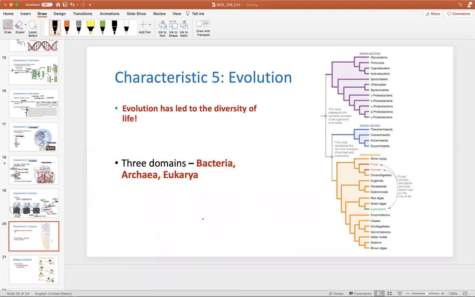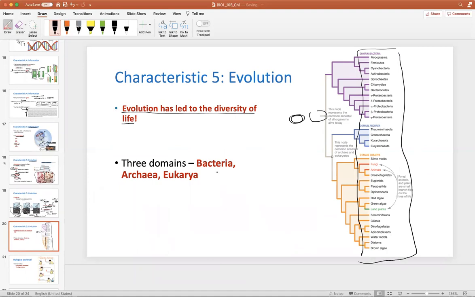The last thing I want to mention about trait number 5 is that evolution has led to the diversity of life. I mentioned that a little bit earlier when I talked about the fact that we had one prototypical cell that divided into other cells. And through the process of evolution, we have come up over 3.8 billion years with a great diversity of life. And that life falls into 3 domains, which we're going to talk about more, but make sure you know what these are: bacteria, archaea, and eukarya.